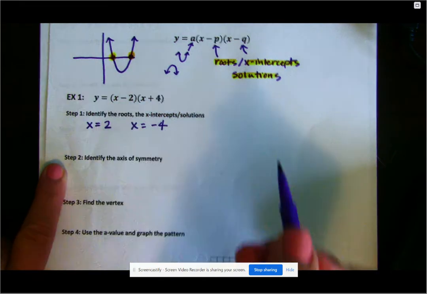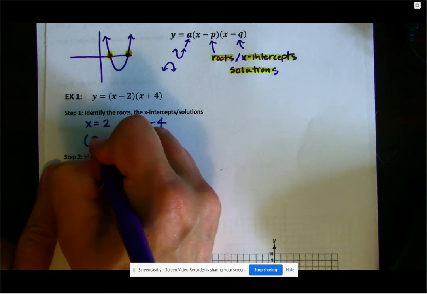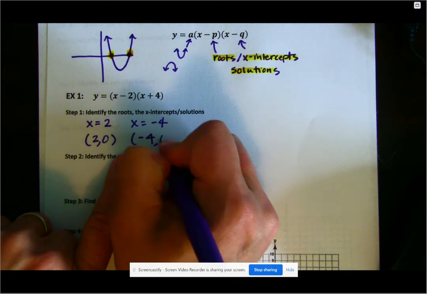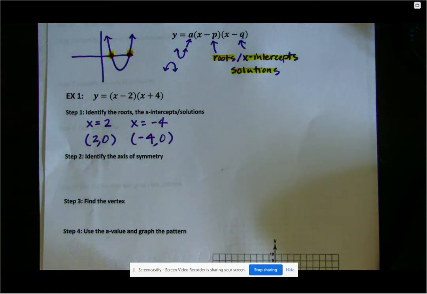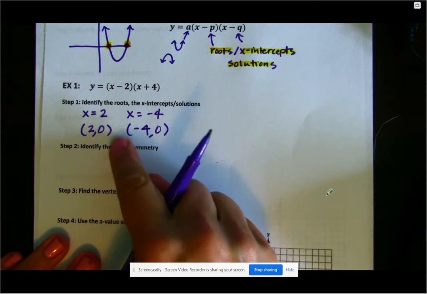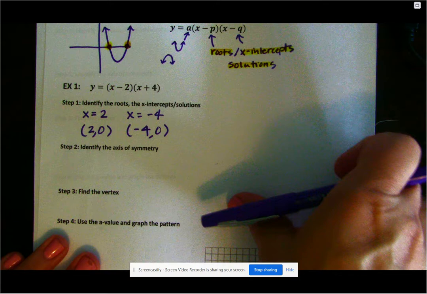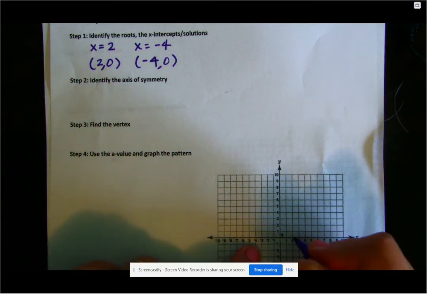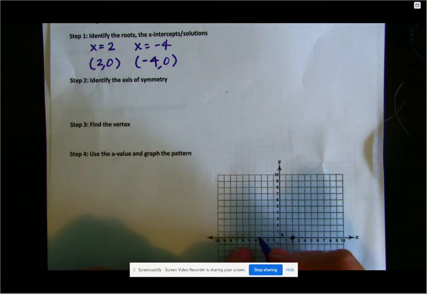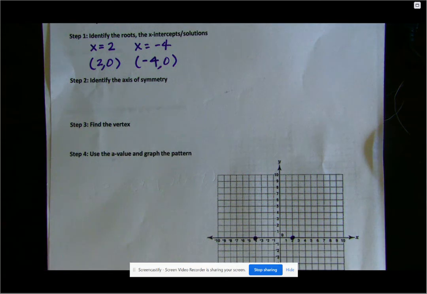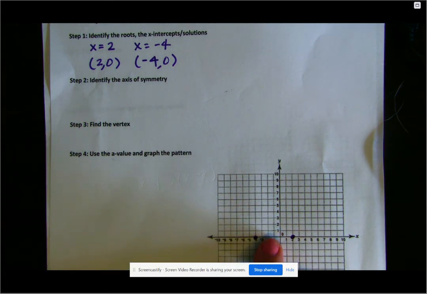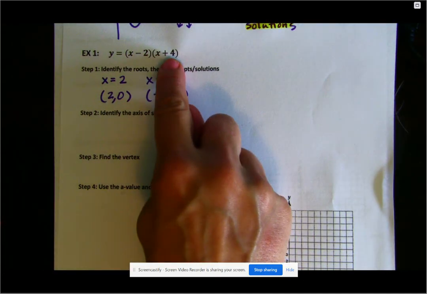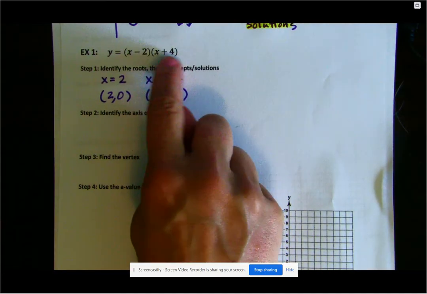If you want to write those as coordinates, it would be (2, 0) and (-4, 0), two separate points. So the roots or the x-intercepts or the solutions tell you where these two points are. So those go right down there, and they are always opposite of these numbers here.